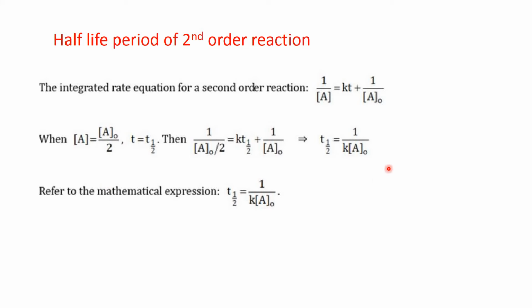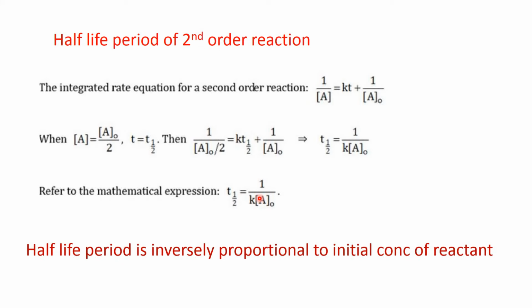If you put this in the equation, half-life comes as 1 by the rate constant K into the initial molar concentration of A. That means you see half-life is inversely proportional to the initial concentration. So the half-life period is inversely proportional to the initial concentration of the reactant for a second order reaction.